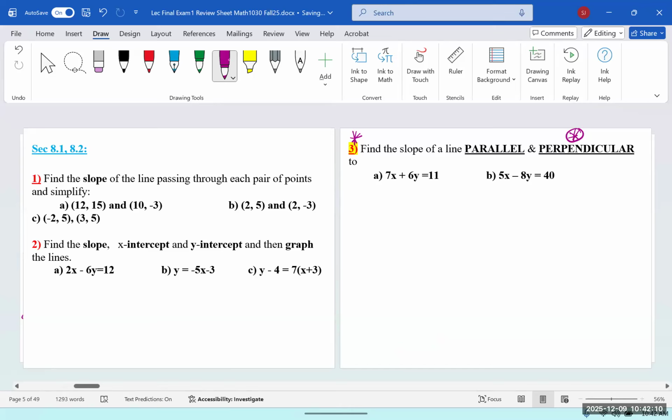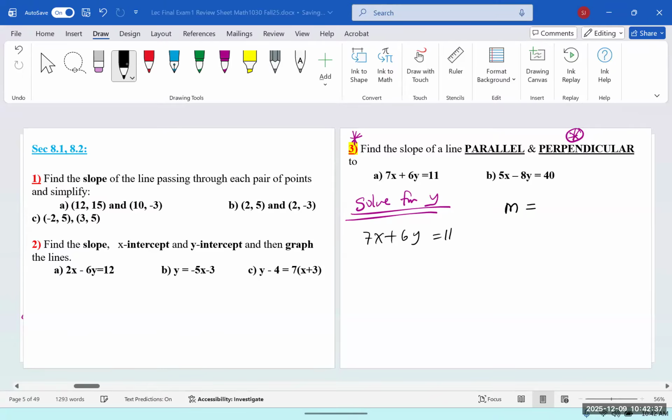To find the slope of the parallel and perpendicular line, all you have to do is solve for y, and that will tell you what you need. So we have 7x plus 6y equals 11. Either you solve for y or you just remember one thing.